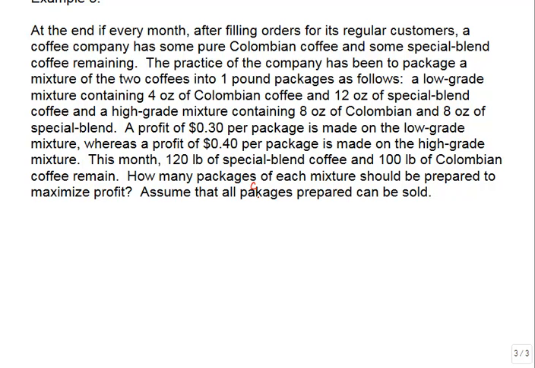All right, so here's my situation. There's a lot of information going on here. So let's sort through it all and see what we can figure out. First of all, what is the unknown and what is it that we're trying to do here? Look at this last question here. How many packages of each mixture should be prepared to maximize profit?